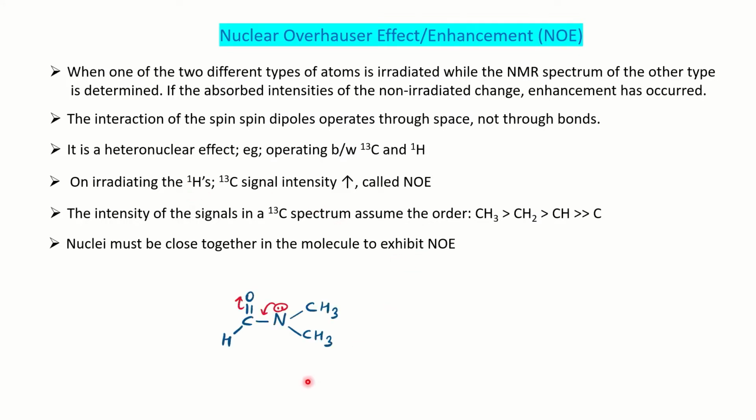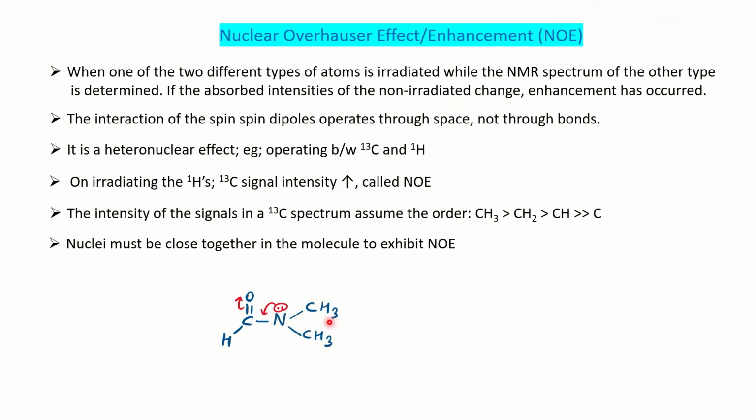We'll see this by taking the example of N,N-dimethylformamide. You can see here the nitrogen has a lone pair of electrons, so you have conjugation between the lone pair of nitrogen and the pi electrons of the carbonyl bond. Basically, you get a C=N double bond character here, so the rotation is restricted around this single bond.